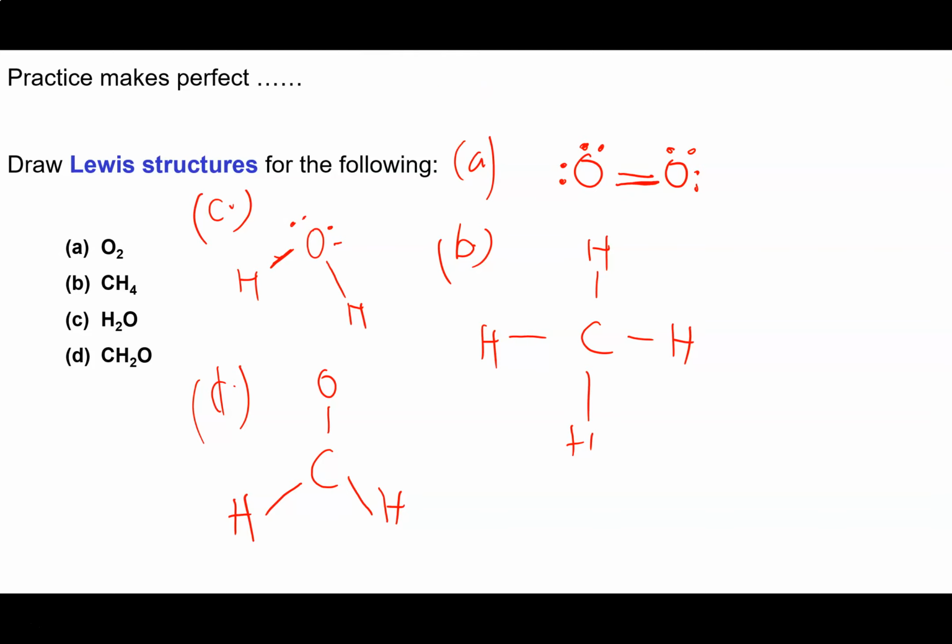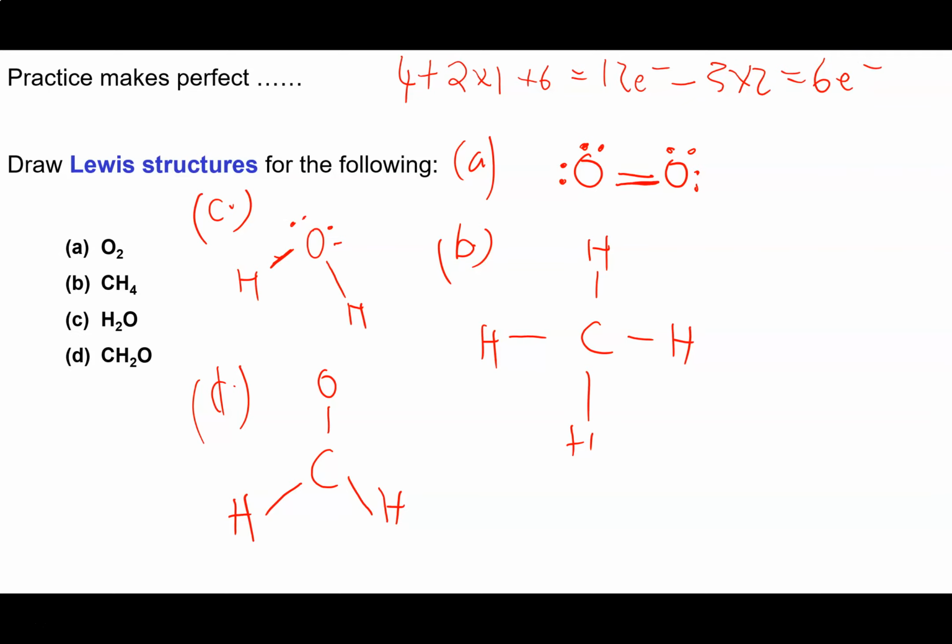Okay, so now let's go ahead and count up our valence electrons. We've got 4 for the carbon, 2 times 1 for the hydrogen, and then 6 for the oxygen. So it gives me a total of 12 electrons. Now I'm going to use 3 lots of 2, or 6 of those, just to make the bonds so that everything is attached.